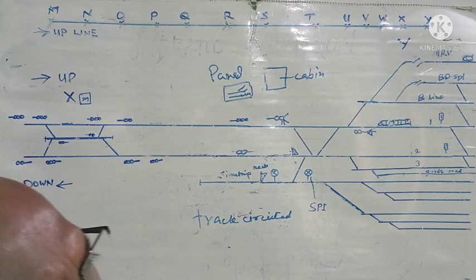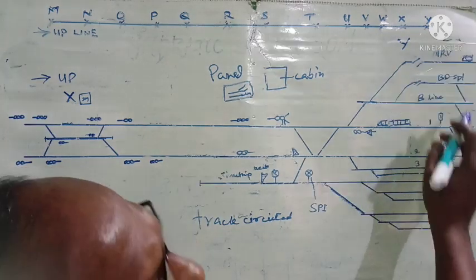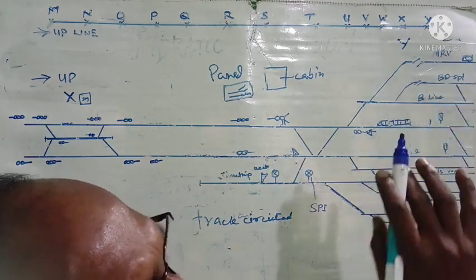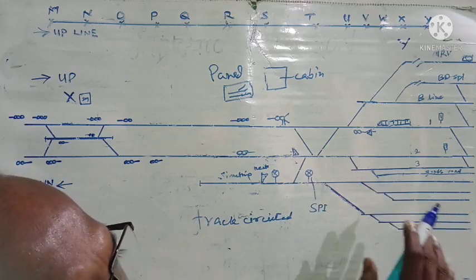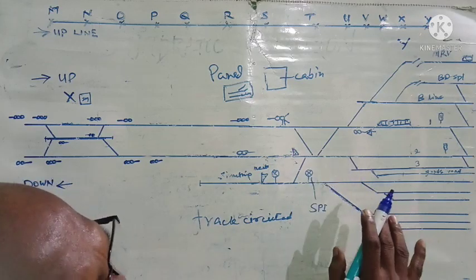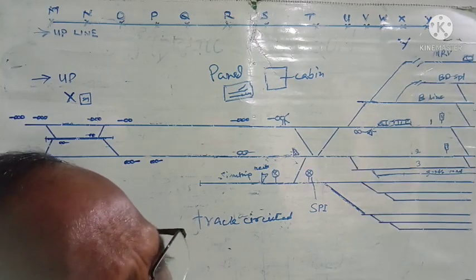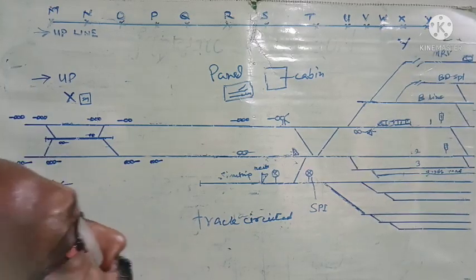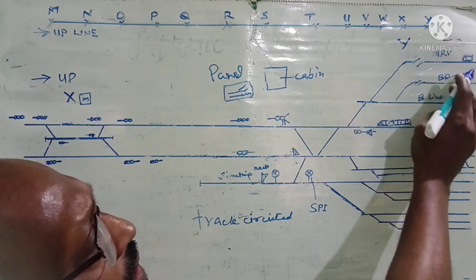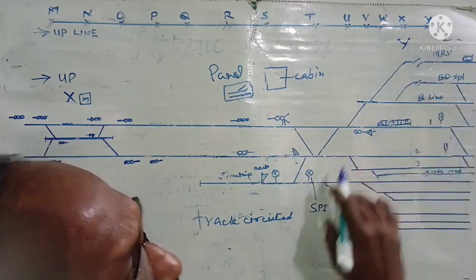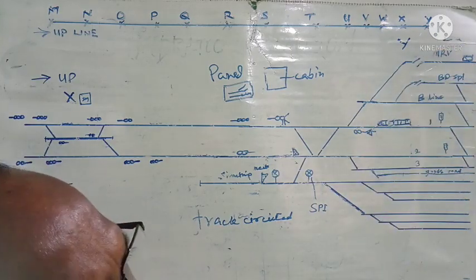So the net result will be that when MRV is here, it will show the line as though it is free. There is no occupation. In order to avoid this problem, lines which are not frequently used will not be track circuited. And the occupation is to be ensured by the station master in person.